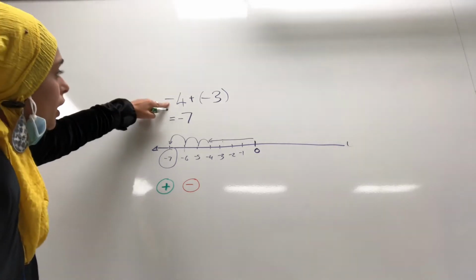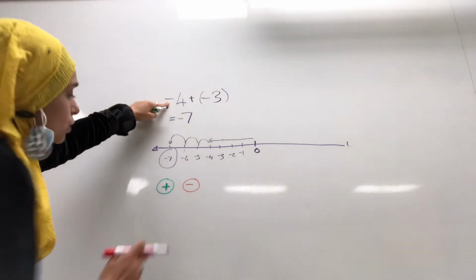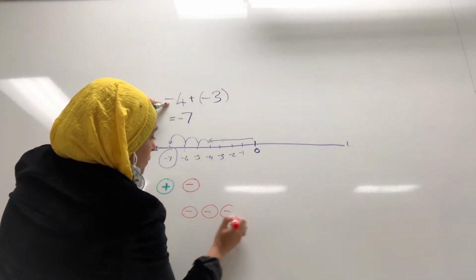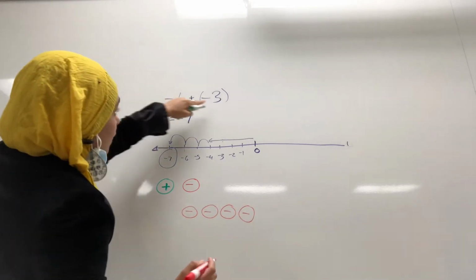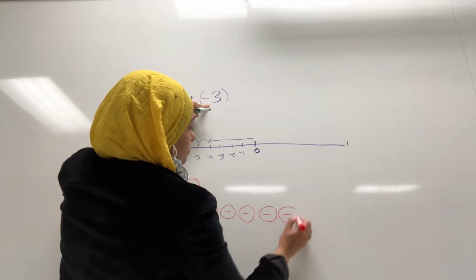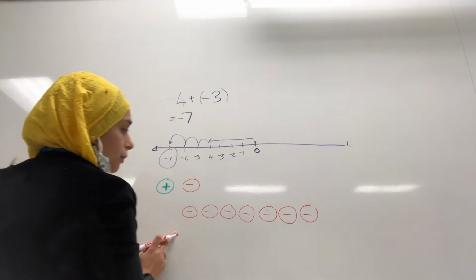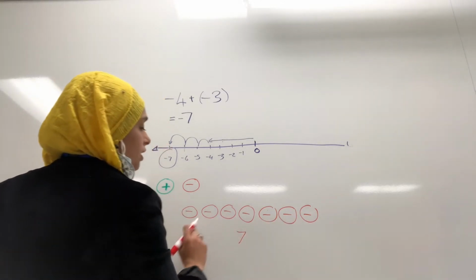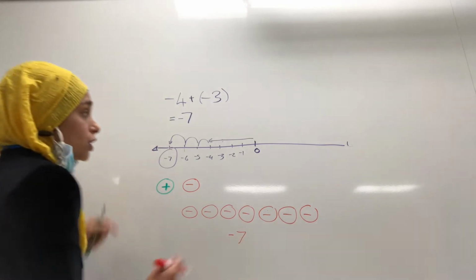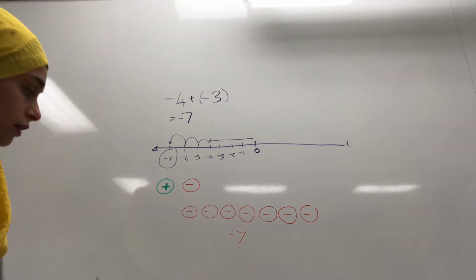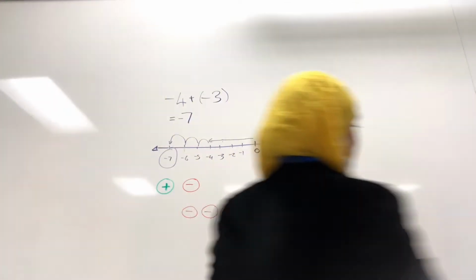In this question, I have 4 negative chips, so I'm not using the green marker. I'm drawing in my 4 negative chips. And then I'm adding an additional 3 negative chips. And then we add up these chips, 1, 2, 3, 4, 5, 6, 7. My answer is 7, and it is 7 negative. So again, you saw through all 3 processes, we still end up with an answer of -7.